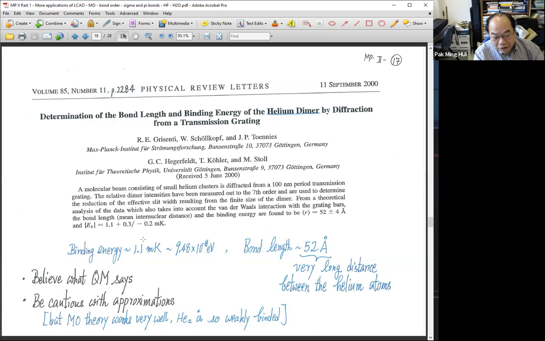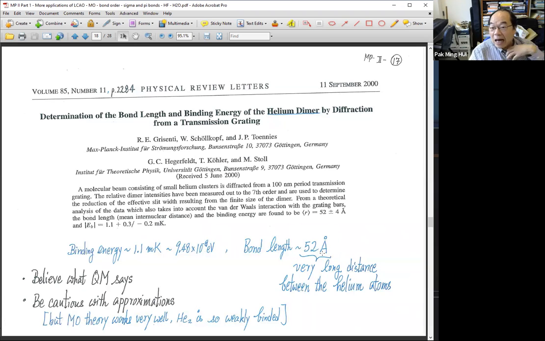Therefore, anything higher than a millikelvin, 10 to the minus 3 Kelvin, will have thermal energy sufficient to break them apart. And the bond length actually is the range that they tend to stay with each other. It is 50 angstrom, so a very long and very weak thing, okay?